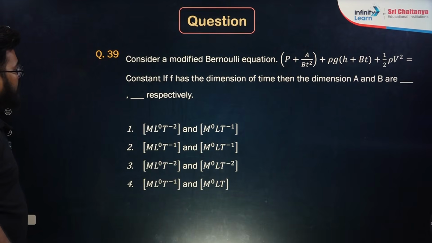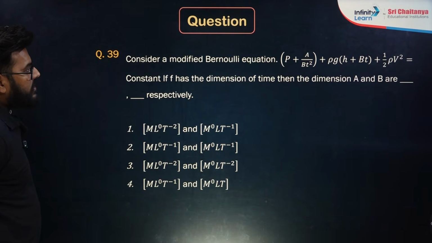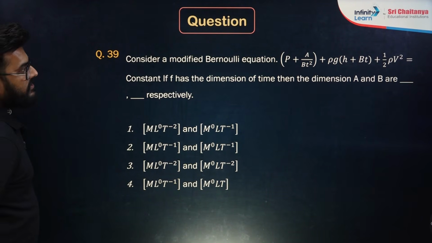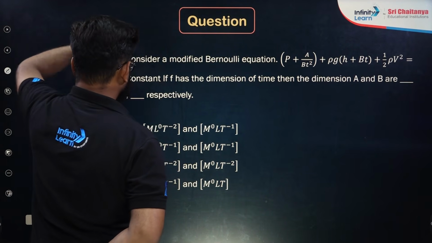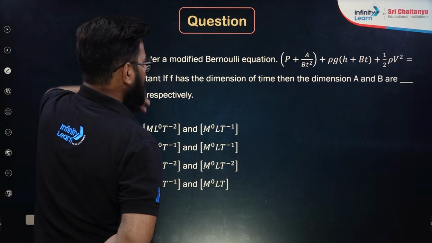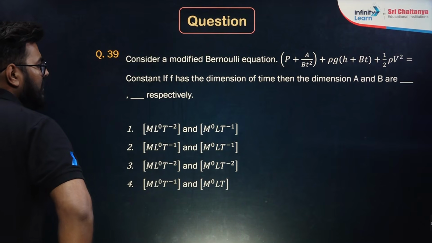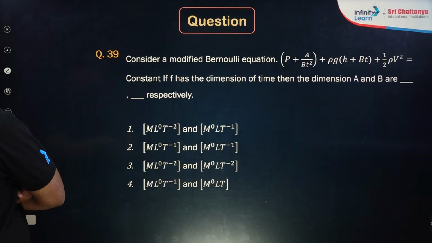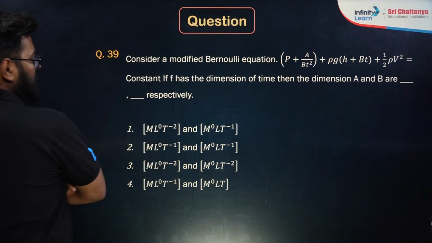Okay, sir. Consider a modified Bernoulli equation: P plus A upon B t square plus rho g h plus B t plus half rho v square.